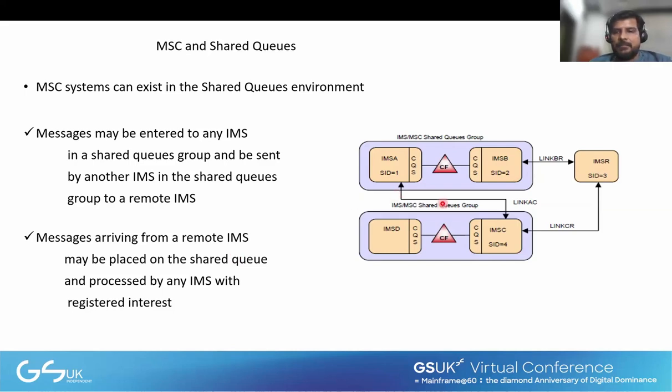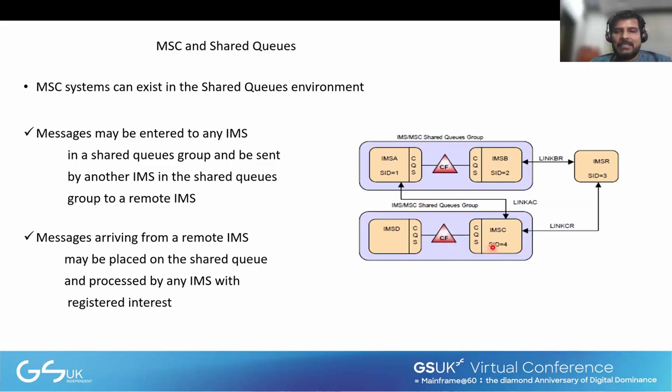But here's the interesting part. Even without a direct MSC link, both IMSA and IMSB can still send and receive messages from remote IMS, IMSR. Why? Because in a shared queue group, any IMS can use the MSC connections of any other IMS in the same group. For example, if a transaction arrives at IMSD, it will put that message into the shared queues.